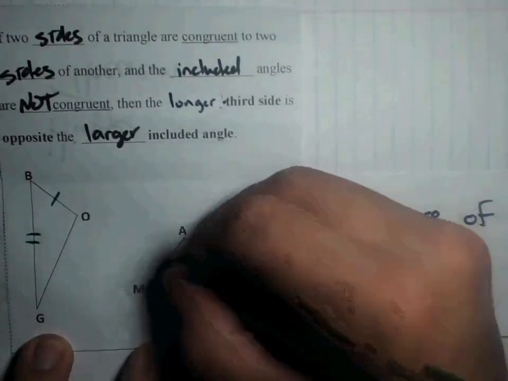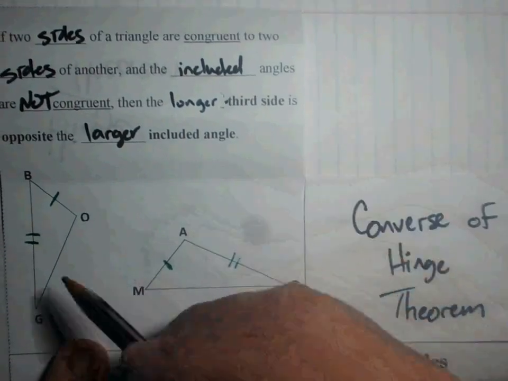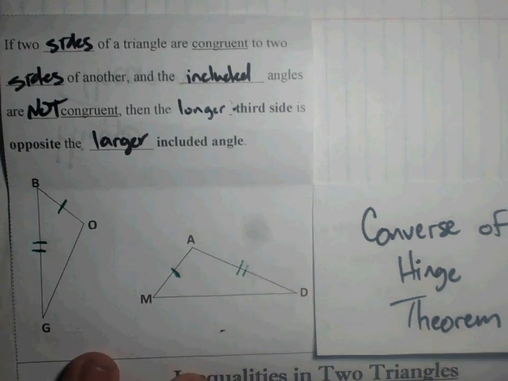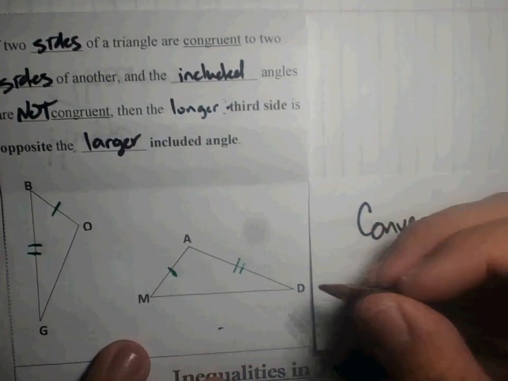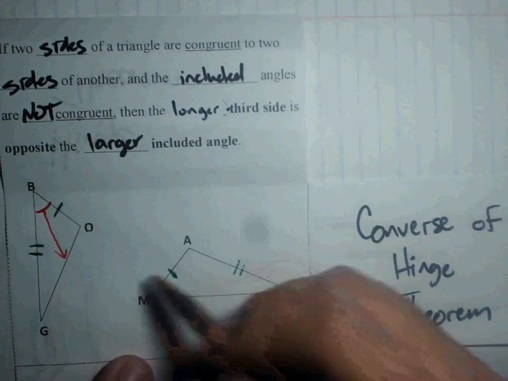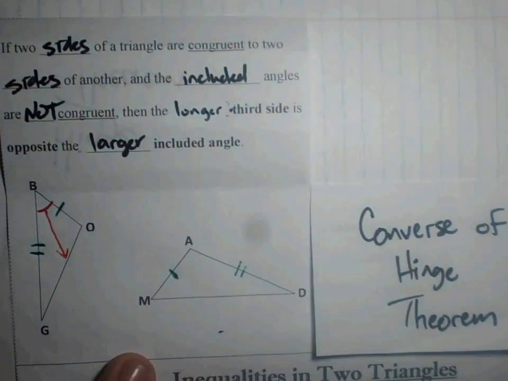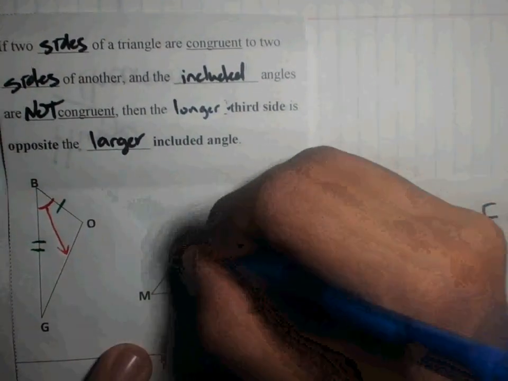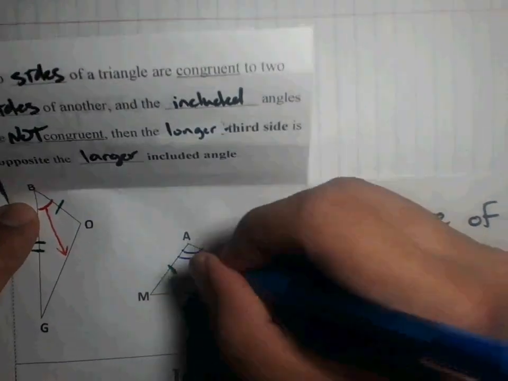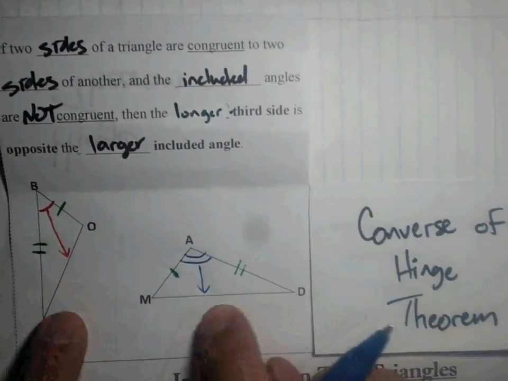So yes, we have these congruencies here, but angle B is not the same as angle A. These included angles are not congruent. That means that the opposite sides are not congruent as well. One's going to be bigger than the other.